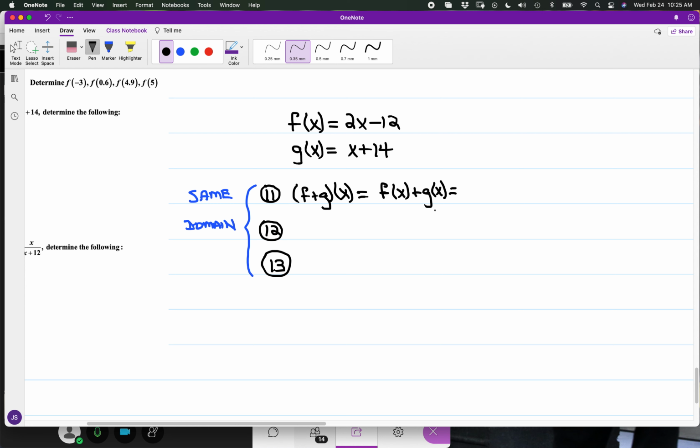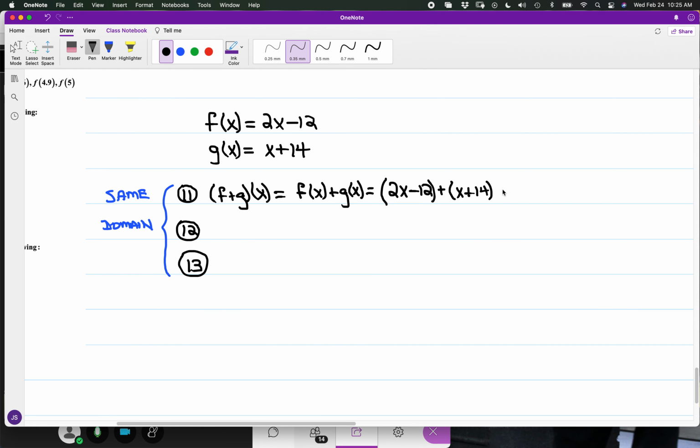And just looking at specifying the functions in accordance to the variable expressions to which they are set equal. So for f of x, I have 2x minus 12. And for g of x, I have x plus 14. Okay. So between the functions, again, I have addition.